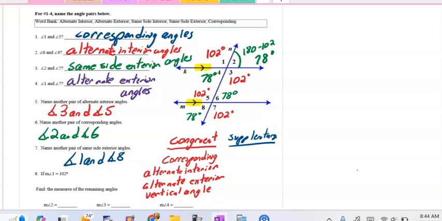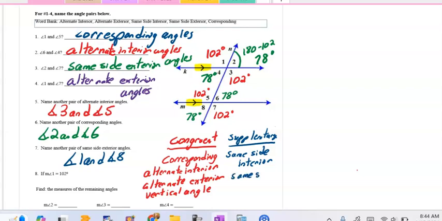And then there are some pairs of angles that are supplementary. If you look at 4 and 5, the same side interior, those add up to 180. So same side interior angles are supplementary. If you look at 1 and 8 or 2 and 7, those are also supplementary.